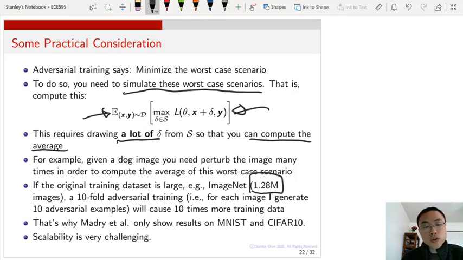This is an open question, which we don't know. And so if you read the paper, what Madry et al. have shown is that they are only able to demonstrate the results on smaller data sets, for example, the MNIST data set or the CIFAR-10 data sets. Scalability seems to be a very challenging issue for these adversarial attacks.